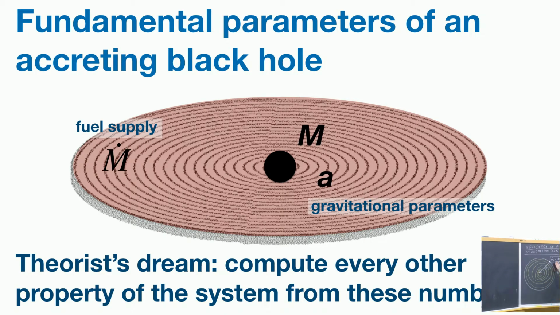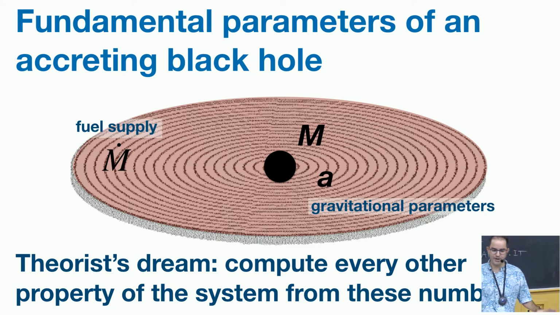You have to worry about hydrodynamics when you have fluids around the black hole, viscosity, and these kinds of things. It is a theorist's dream to compute every conceivable property of the system to give to your astronomer friends to compare with observations, from just these three numbers: the mass, the spin, and the accretion rate.